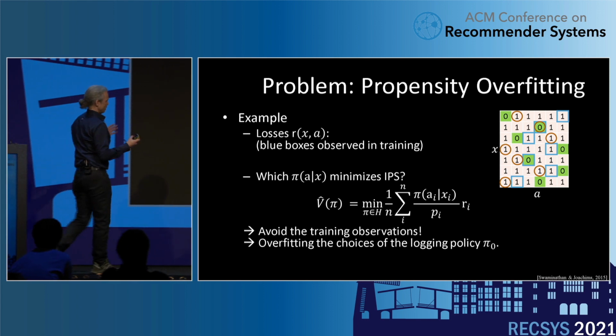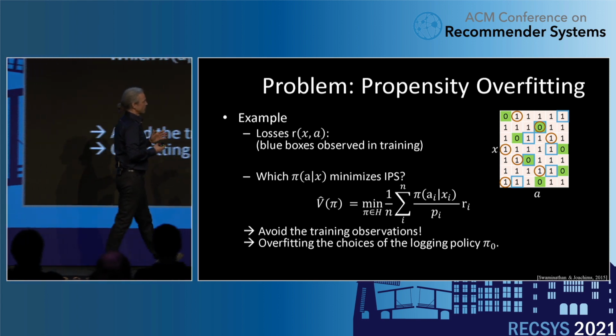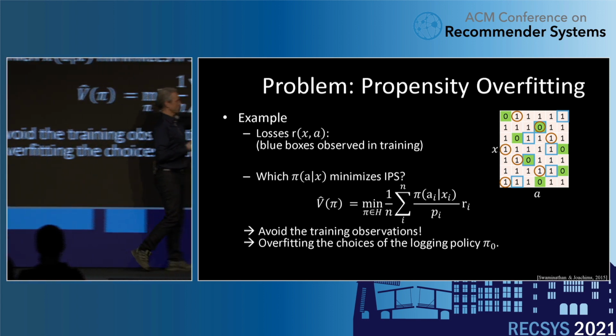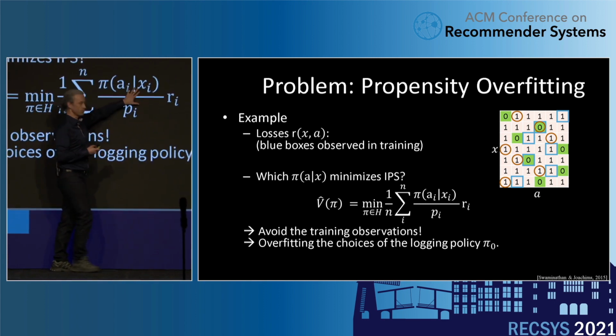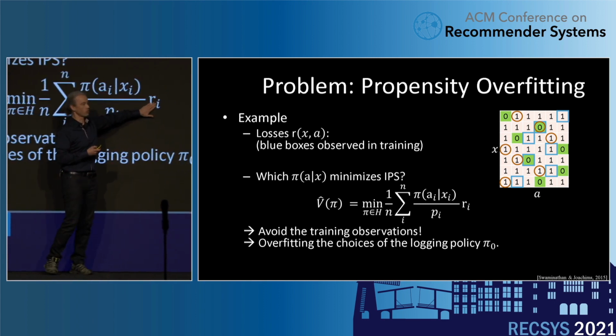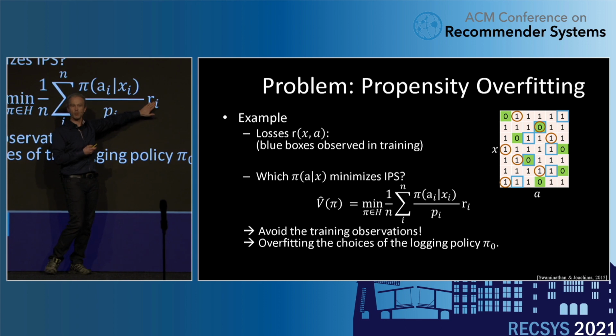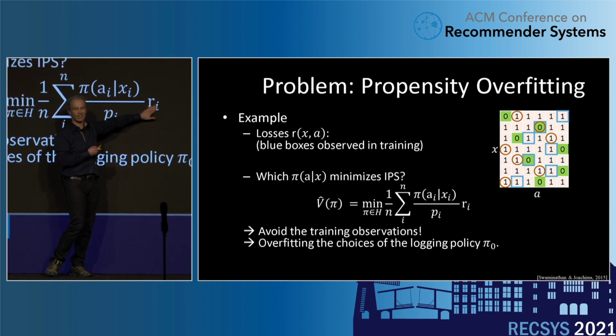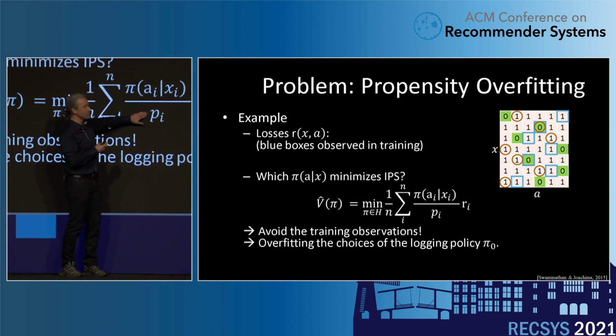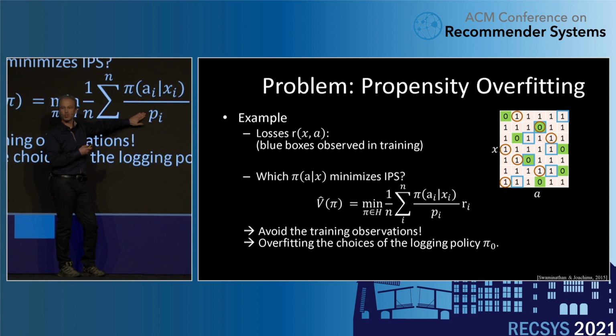So the problem is that we have two random variables here, right? Normally, in supervised learning, we have one random variable, which is the reward. And we can overfit to the randomness in that random variable, in the reward. We now have a second random variable, which is the choice of the logging policy and the propensity.